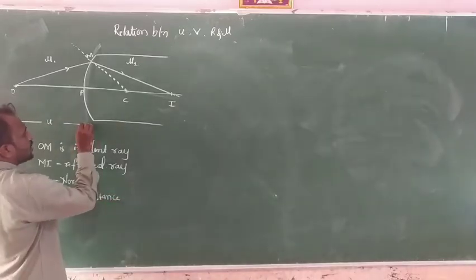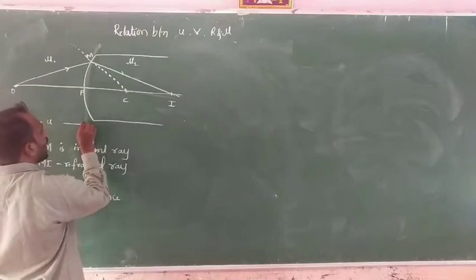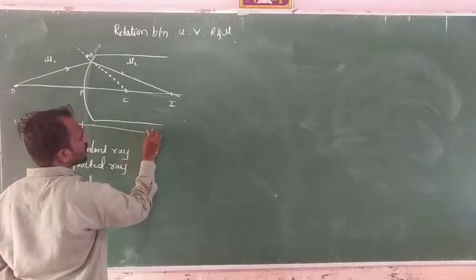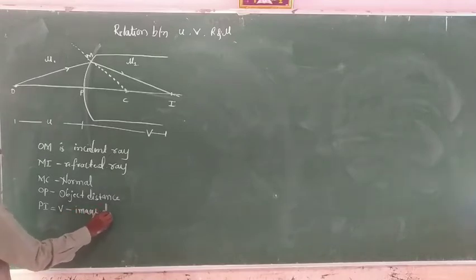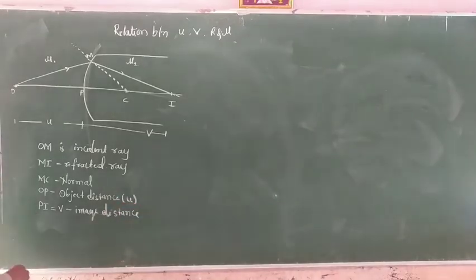Why? Because any distance is measured from the pole of a refracting surface. And P to I we consider the image distance. PI is equal to v, the image distance. So this one is u, the object distance.